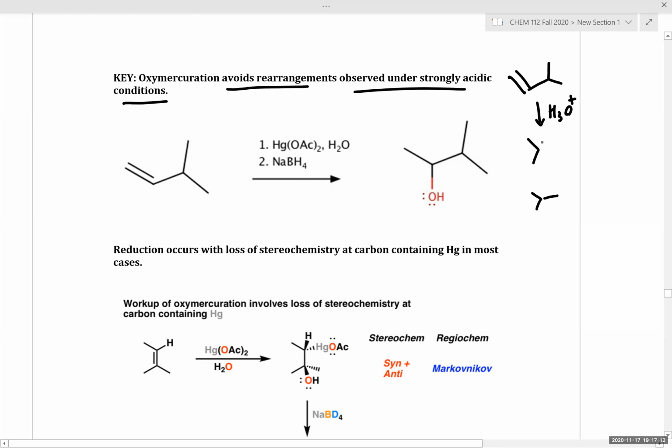So oxymercuration serves as a somewhat more selective method of alkene or olefin hydration, because it sidesteps a lot of the inherent issues going through a carbocation intermediate. So if we tried to treat this alkene with acid, we would get out this alcohol, and we wouldn't exactly be very happy about that.